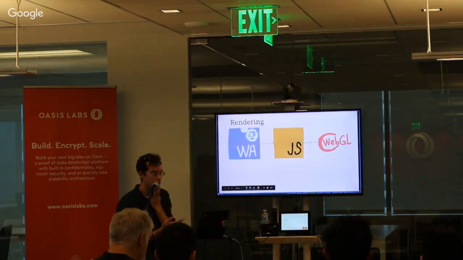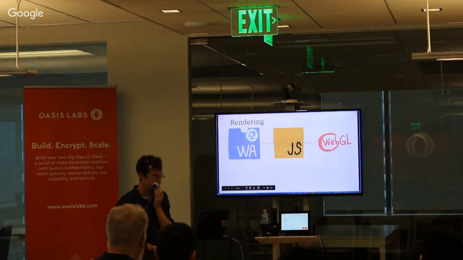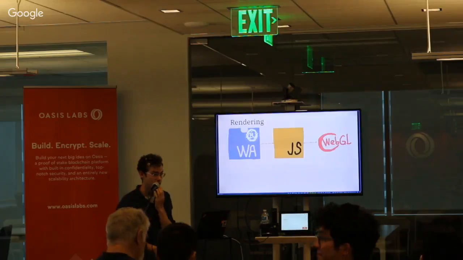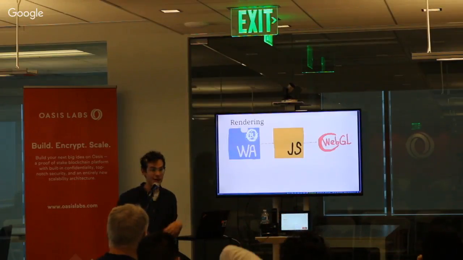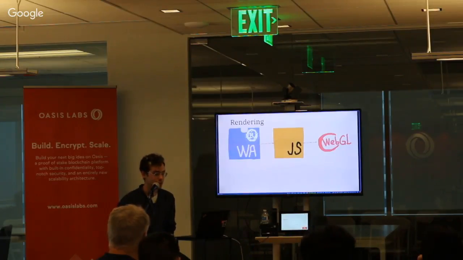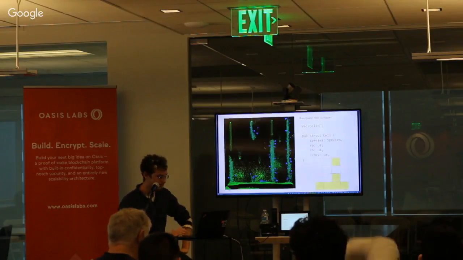So the thing about rendering is that when I said pixels, I was really talking about entries in an array. All of that is happening in memory, none of that is visual. In order to take that information and put it onto the screen for the user, I basically need to get it into WebGL to run shaders.